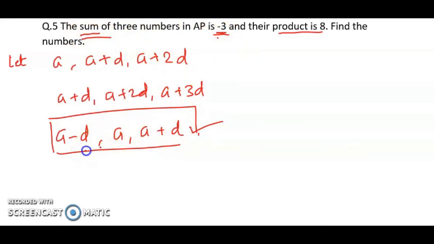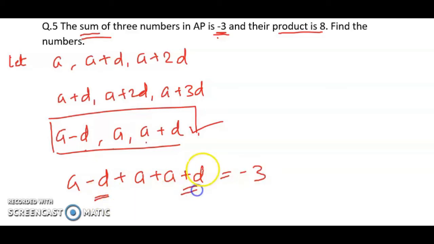So if you do the addition of those three numbers, this is a minus d, second number a, and third number a plus d. So here this minus d and plus d will be cancelled out, and you can find out the value of a from this first equation directly. So we will assume three numbers are a minus d, a, and a plus d.